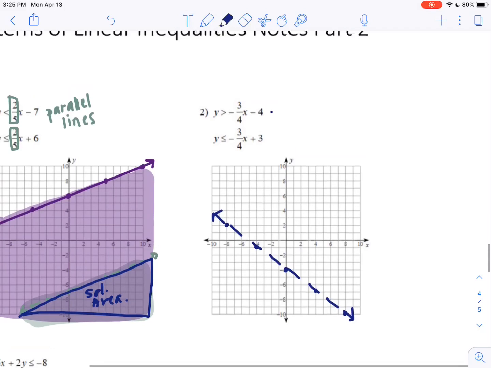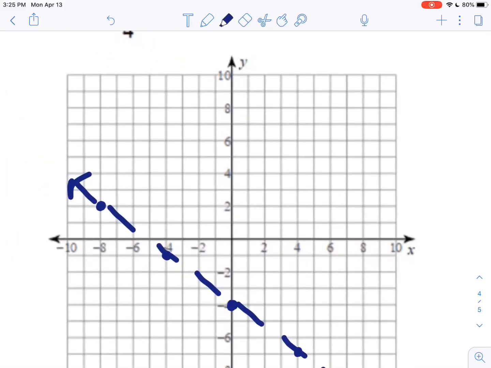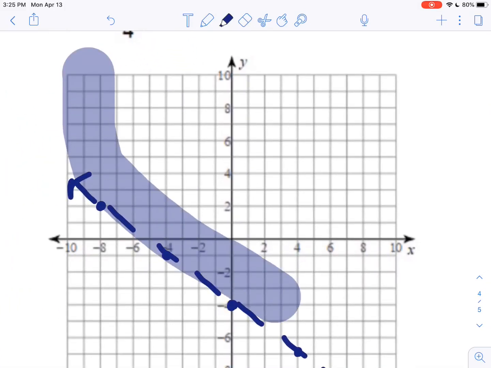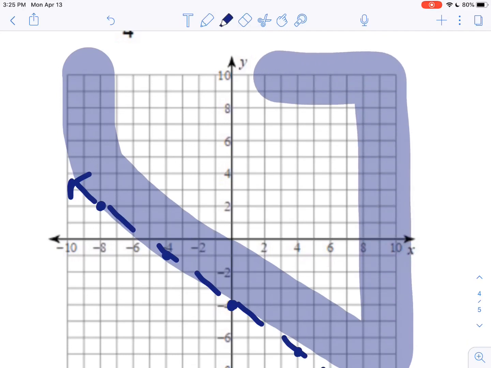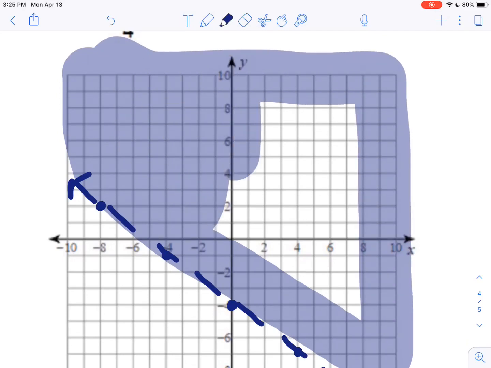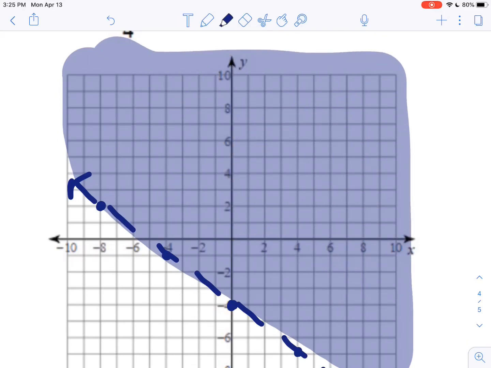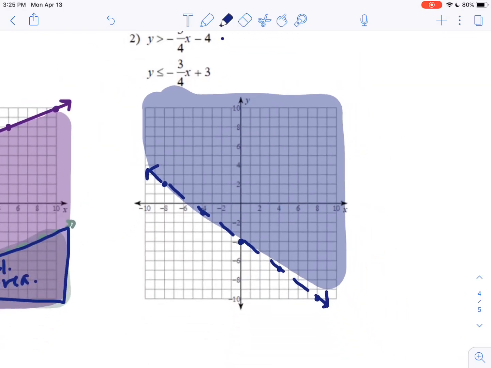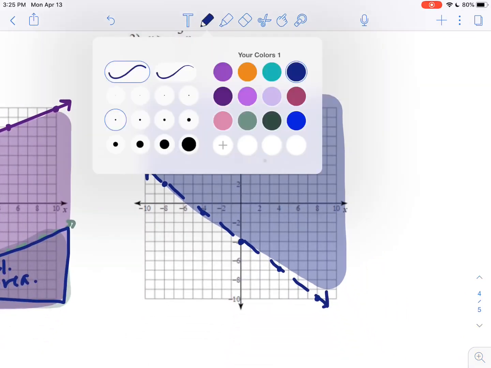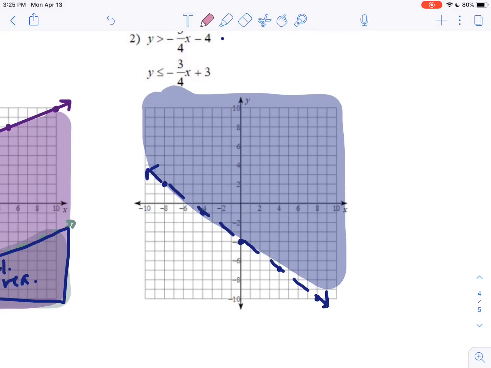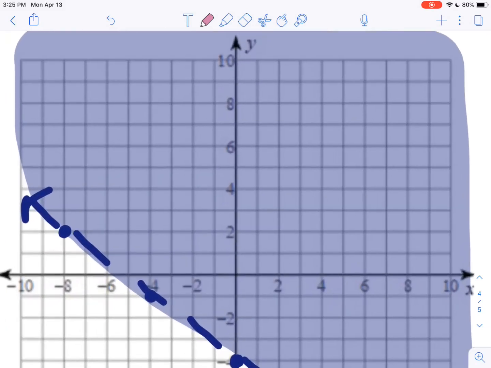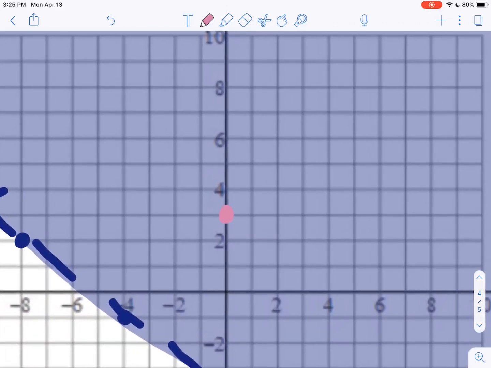And it says that it is greater than, so I'm going to shade above the line. If you want to do the test point and you totally understand the test point, you can do that, but this is just a quick little shortcut. And then I'm going to graph the second one in pink. So my starting point is +3. And my slope again is -3/4.